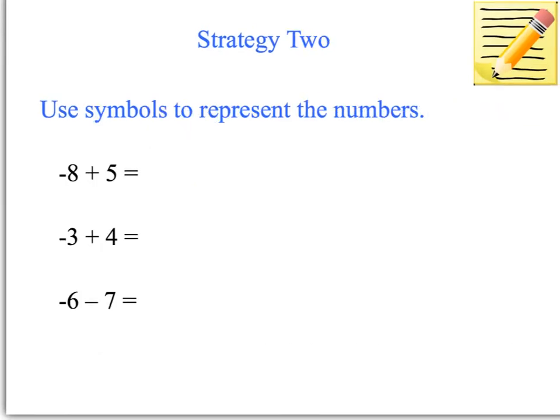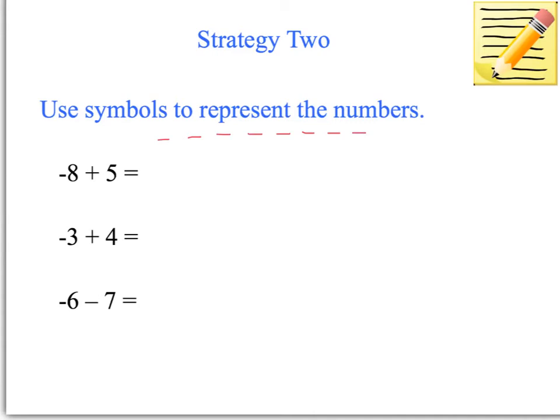Okay, so the second strategy is just to use symbols to represent the numbers, and I'll show you what I mean by this. Basically for the negative numbers I'm going to use a minus sign, and for the positive numbers I'm going to add a plus sign. Alright, so -8, therefore I'm going to actually write 8 negative signs. 1, 2, 3, 4, 5, 6, 7, 8.